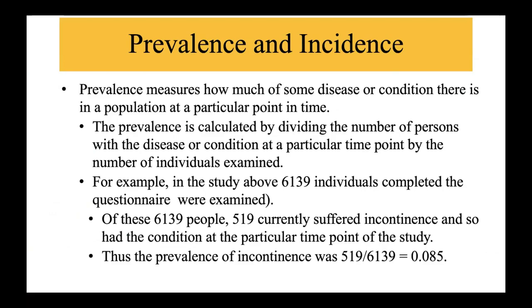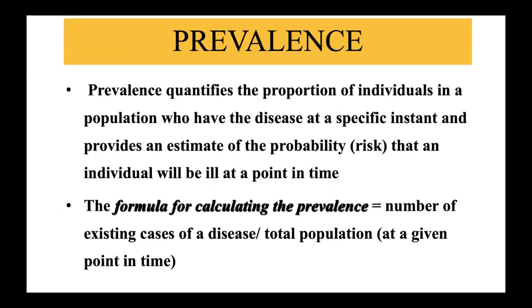So this is an example of how you calculate the prevalence. Out of 6,139 people, 590 currently suffered from incontinence and so had the condition at the particular time. Thus, the prevalence is calculated like this.